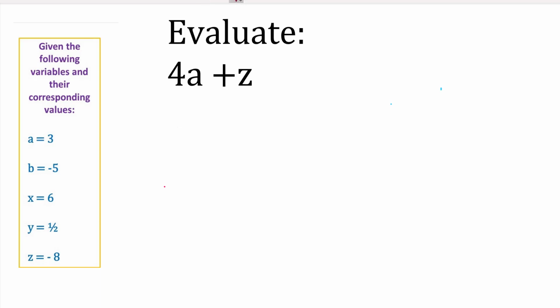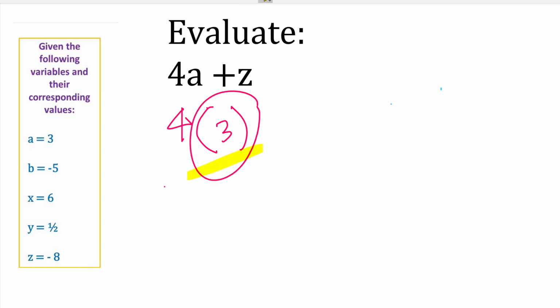So 4 times a is, as we have discussed, 4a is 3. We'll be using the parentheses here, the parentheses to identify that the number inside the parentheses is to be multiplied. For example, in this case, 3 is going to be multiplied by 4, or 4 multiplied by 3. That's commutative, right? Multiplication is commutative.